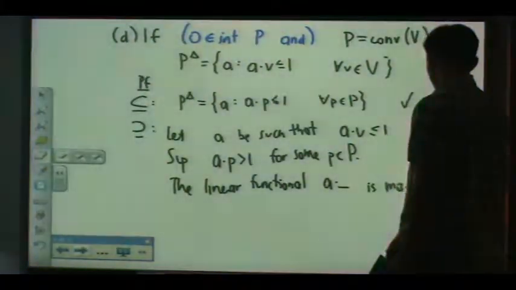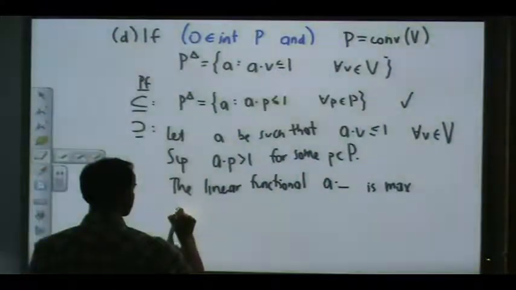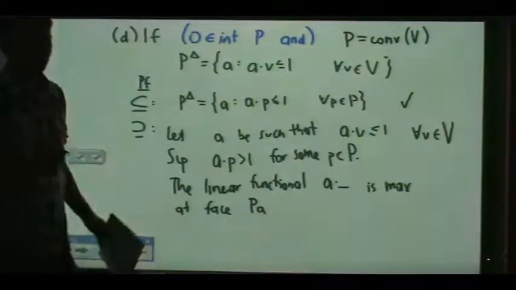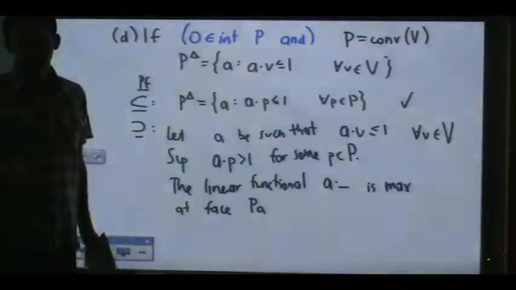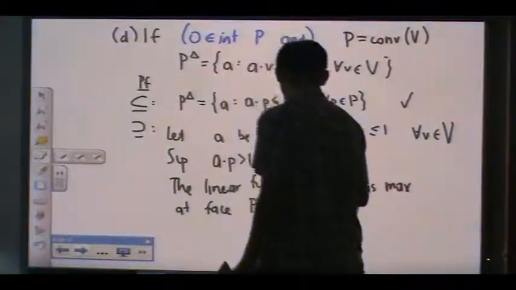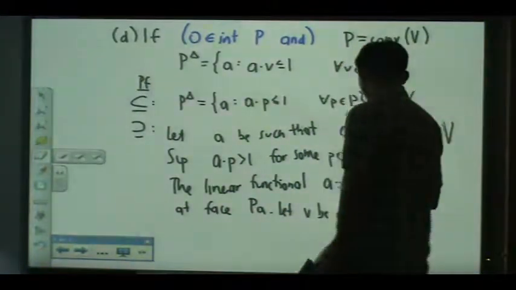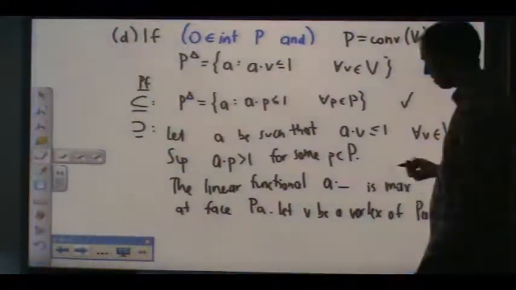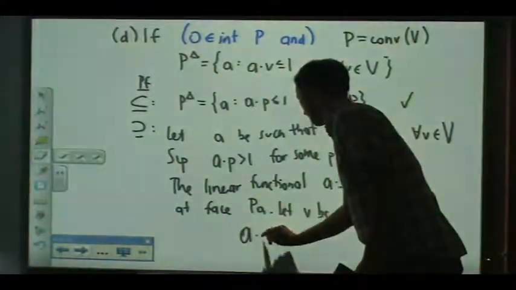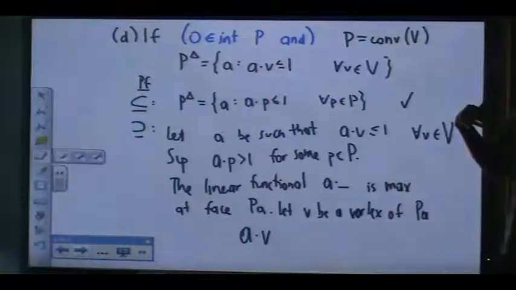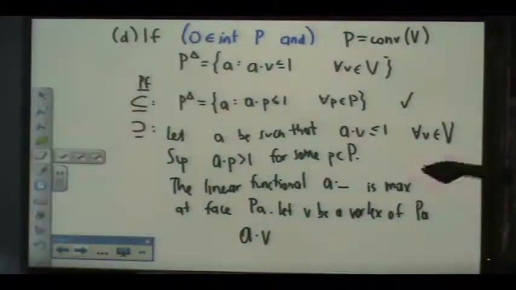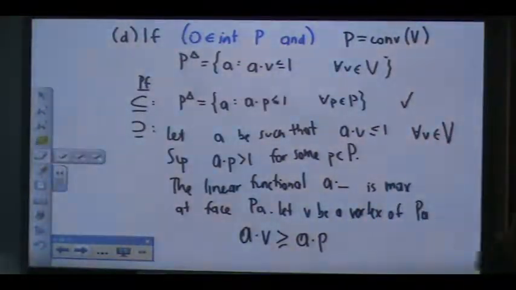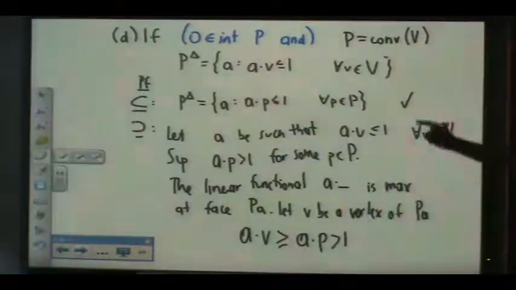Now, every face has a vertex. So let V be a vertex of that face F of A. Then A dot that vertex is the maximal value of A dot anything in the polytope, which means that it's greater than or equal to A dot P, because P is in the polytope, and that means that it's bigger than 1. And that contradicts this.